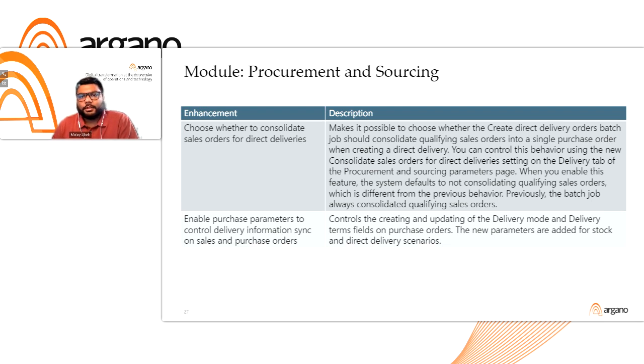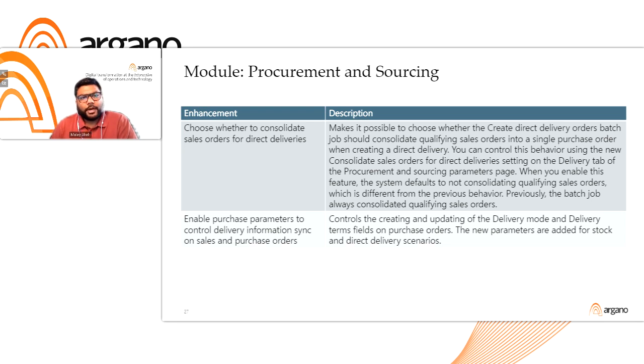You can control this behavior using a new Consolidate sales order for direct delivery setting on the Delivery tab of the Procurement and sourcing parameters page. When you enable this feature, the system defaults to not consolidating qualifying sales orders, which is different from the previous behavior. Previously, the batch job always consolidated the qualifying sales orders.